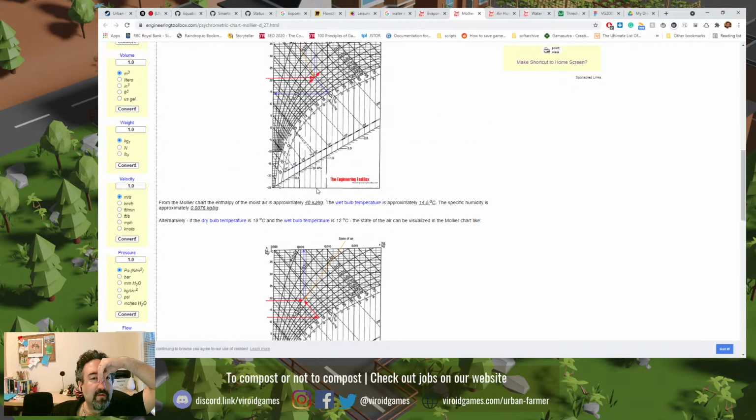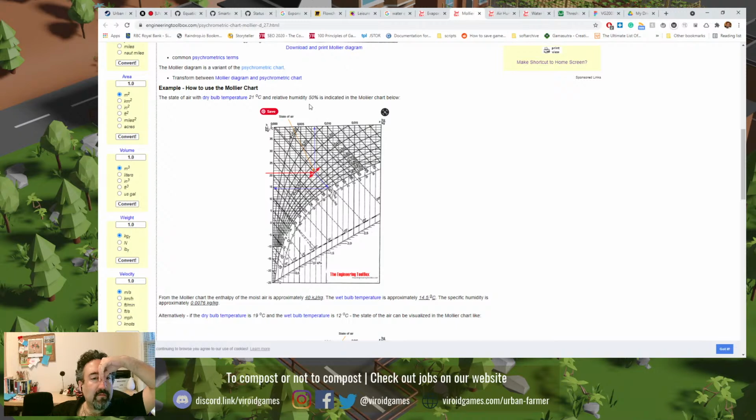If it's the same 40 here, 50% humidity, which corresponds to 40 kilojoules, so we are here, okay? So we'll be on this diagonal line. Good.